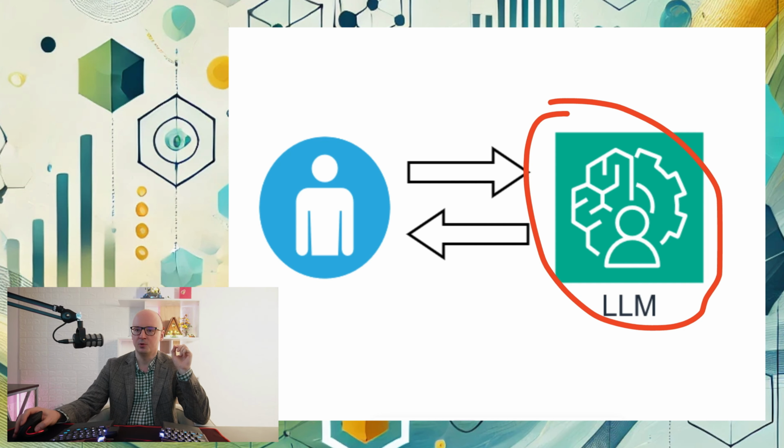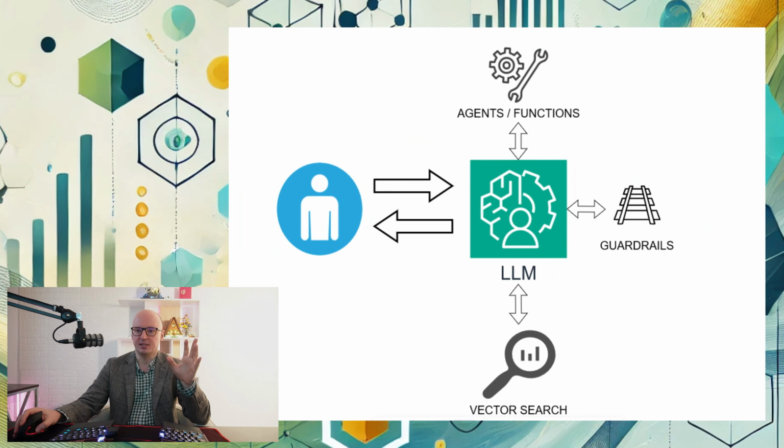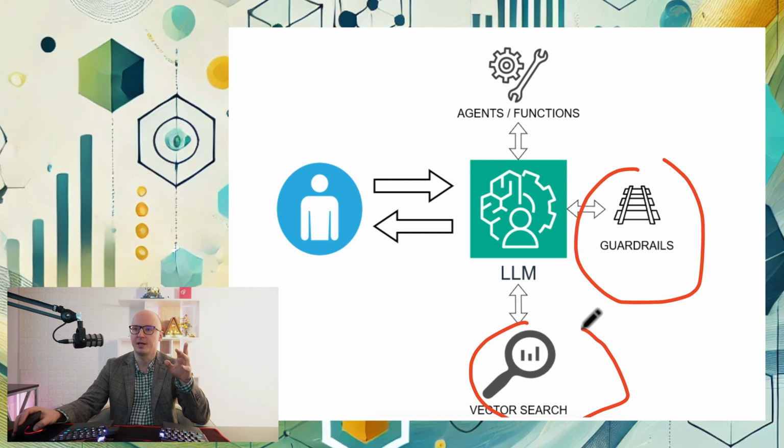You need to add a lot of components to that LLM, and those components include, for example, guardrails, vector search, agents and functions.